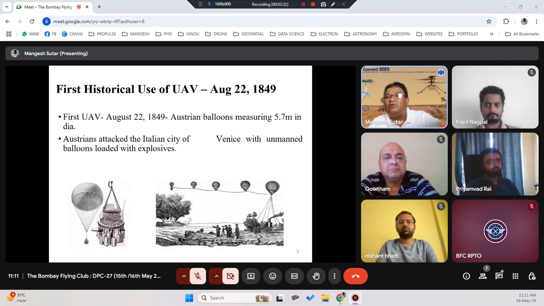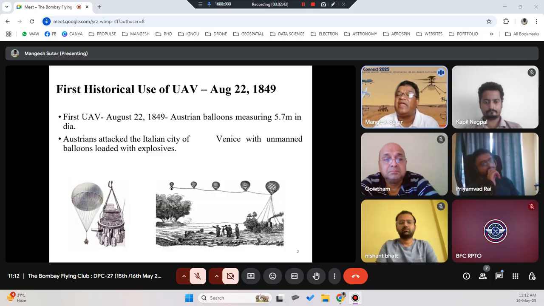Over a particular distance it would fly and reach a particular location, but that was still not fixed and controlled. So this was not a successful flying of a UAV. It was only an initial, random attempt to fly a balloon autonomously and do some activity with it.